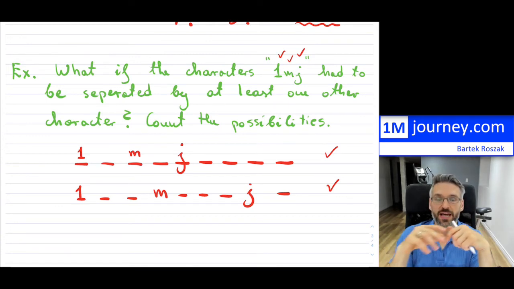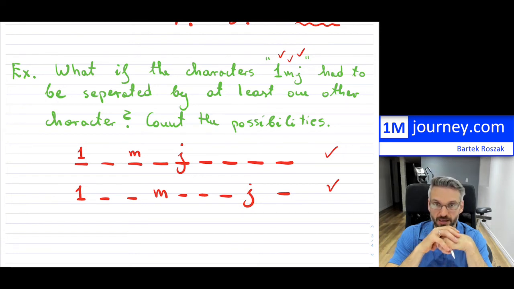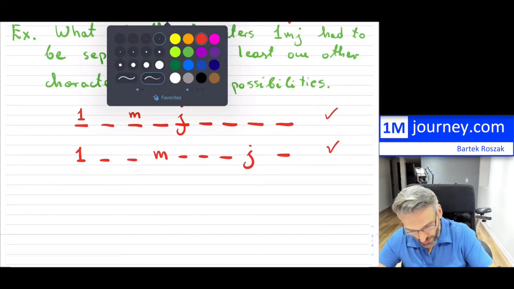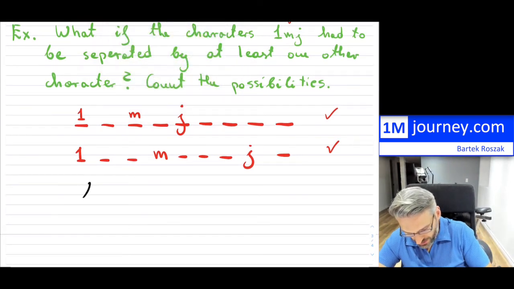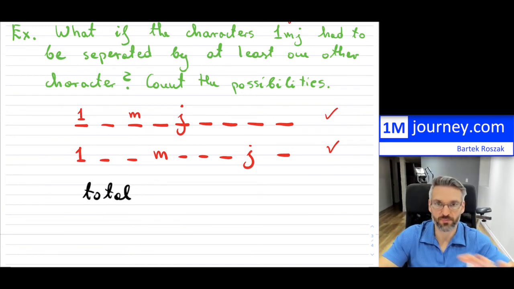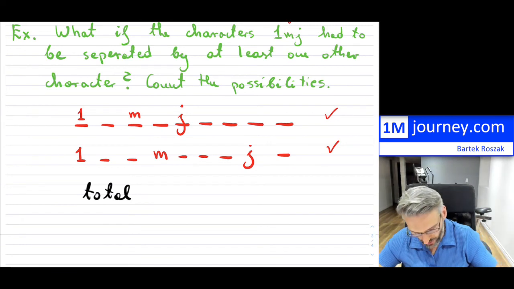In order to count this, what I recommend is to take the total number of possibilities, no matter if they're separated or not, if they're together or not. Now we know what that is, because that's 9 factorial.